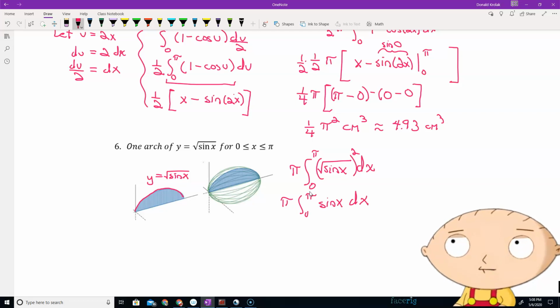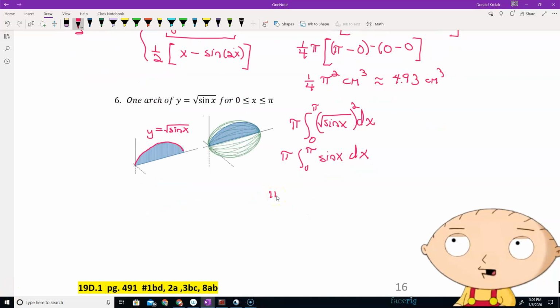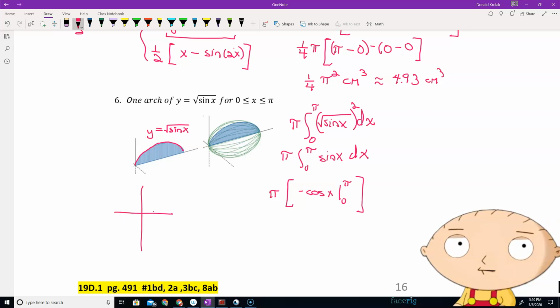And now we shall integrate. Okay, and our integral of sine x is negative cosine x. So we will evaluate negative cosine x, evaluated from 0 to pi, times pi. All right, cosine at pi is negative 1, and the cosine at 0 is positive 1.